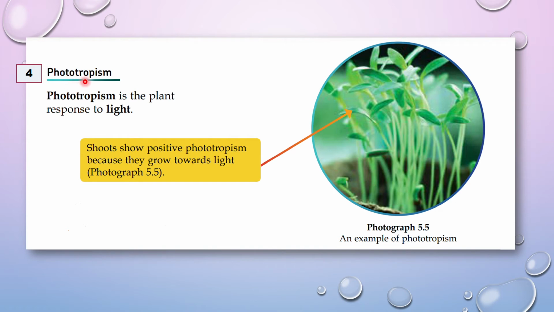Okay, for phototropism, the fourth type is the plant response to light. Okay, you must be very familiar with this already. This is the leaves, the shoots over here, the leaves being the main organ of photosynthesis, always seek sunlight because of photosynthesis. So you see the shoots are showing positive phototropism, growing towards light.